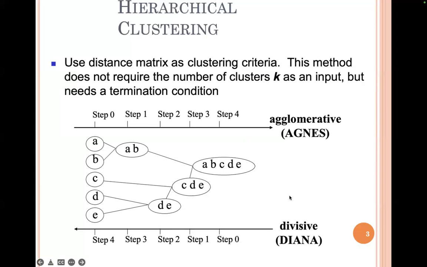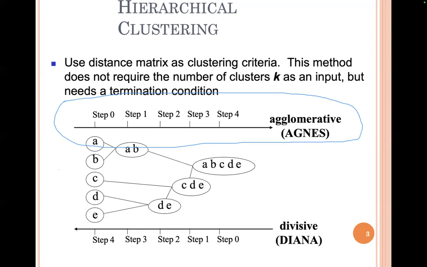Now, agglomerative means what? This is the curve for agglomerative. Here we have step 0, step 1, step 2, step 3, step 4.